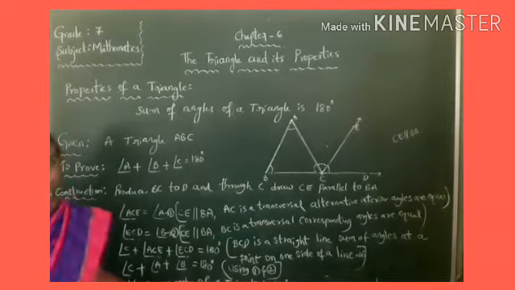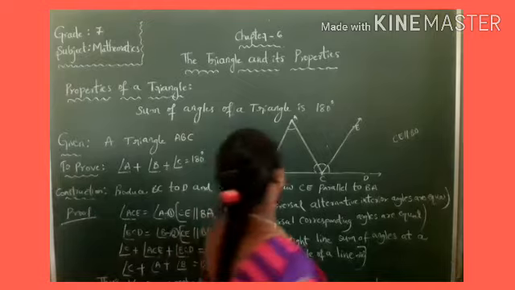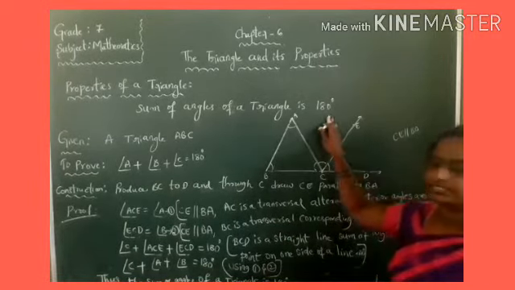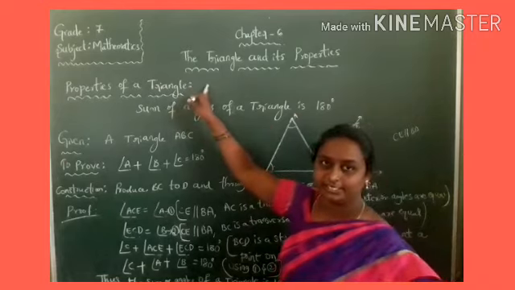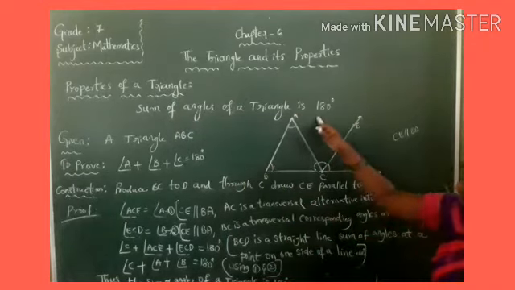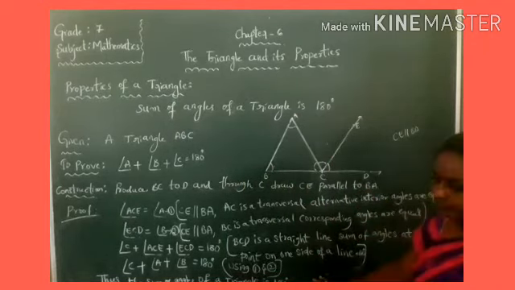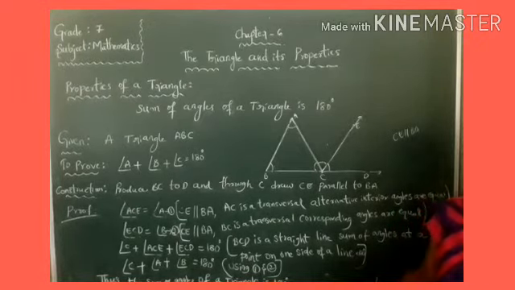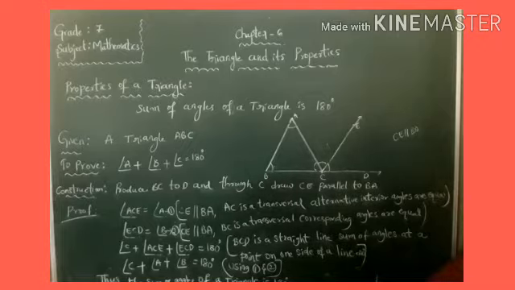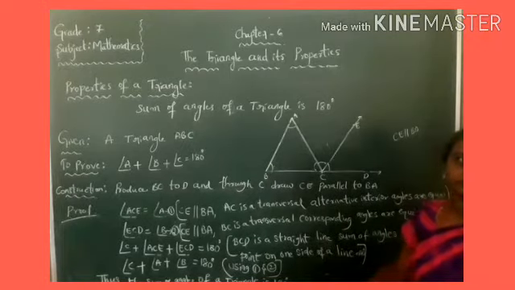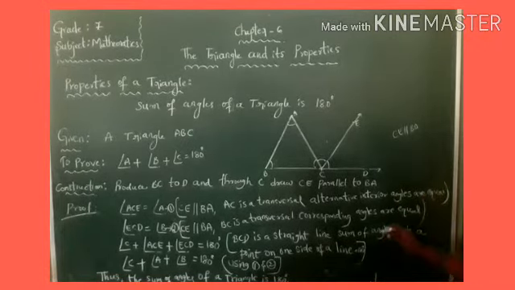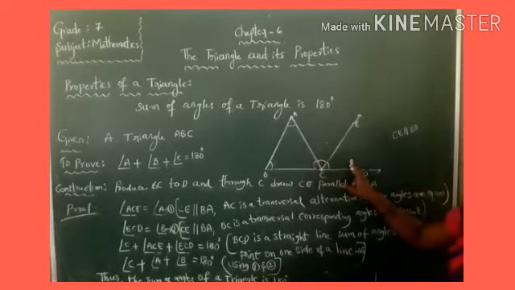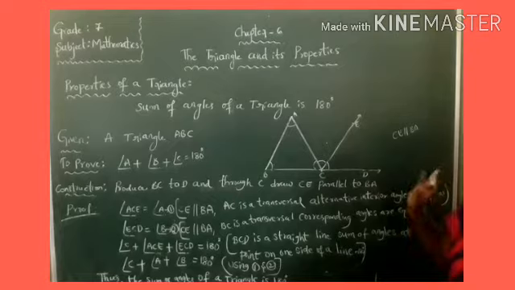Okay children? So here you have to observe that the sum of angles of a triangle is 180 degrees is the property of a triangle. How do we show that? Go through this theorem once again and see that the sum of all angles in a triangle is 180 degrees.